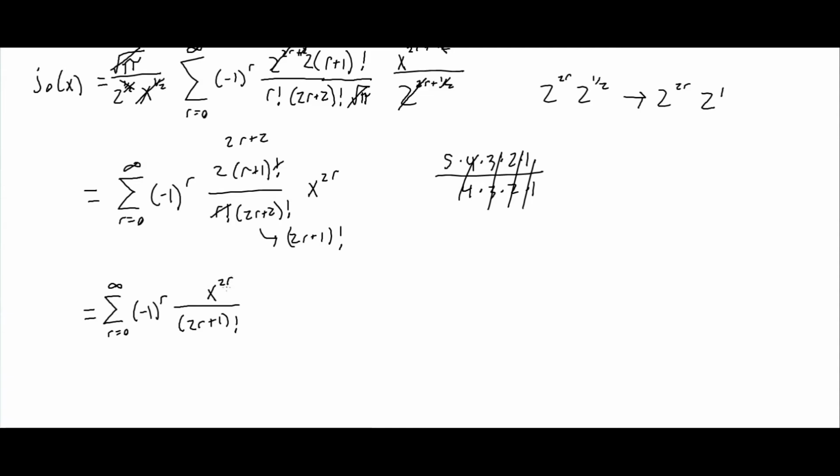But if we multiply all of it by x over x, which we can do because that just equals 1, I'll pull out the 1 over x outside the summation from r equals 0 to infinity, and we end up with 2r plus 1 factorial and then x to the 2r plus 1.